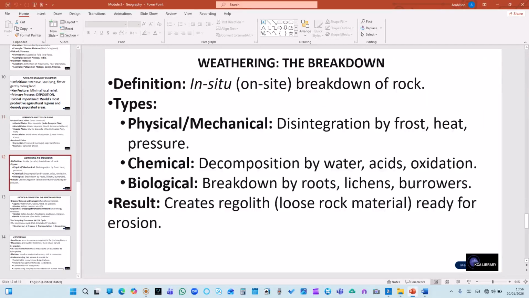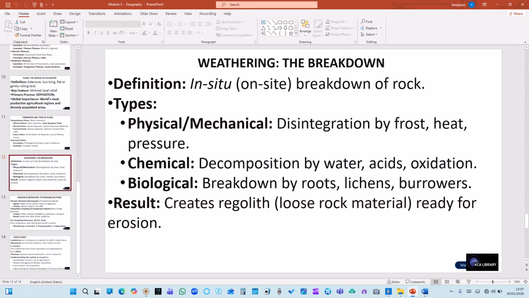Now let us look at weathering. That is the breakdown. By way of definition, it is in-situ, on-site breakdown of rock. So weathering is the process of breaking down rock. Types of weathering: we have physical or mechanical, which is disintegration by frost, heat, and pressure.